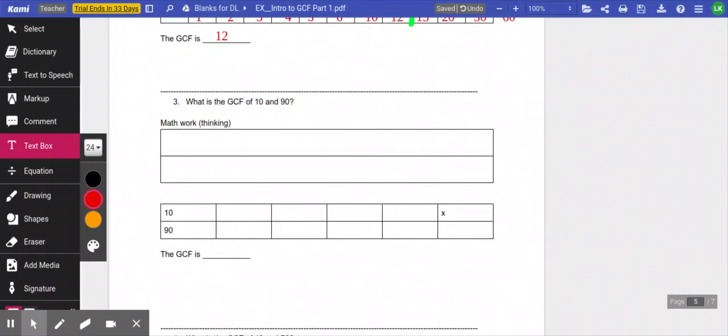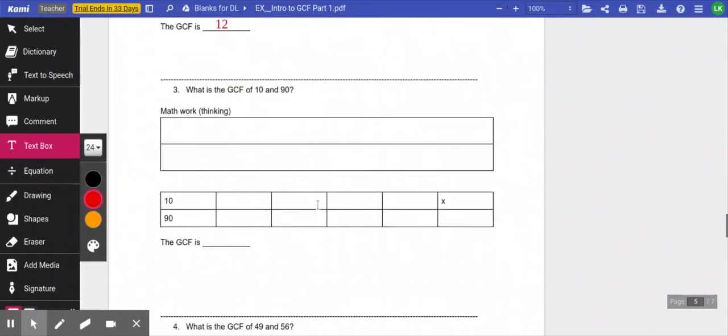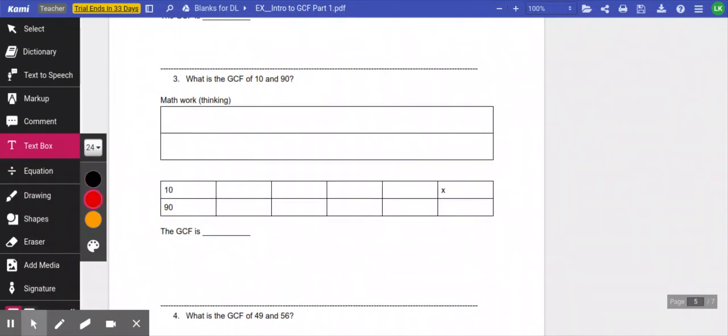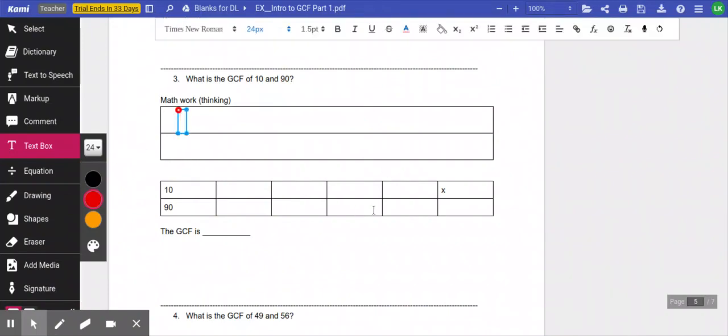Number 3. So number 3, you're not going to have enough boxes. So you can either add boxes or write it underneath. Or maybe you could always write only the numbers they have in common. So just write out the work here and try writing down only the numbers they have in common down below to find out their greatest common factor.